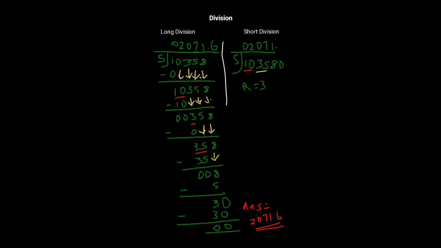So now we have the 0. So we add our remainder 3 in front of the 0, and then 5 into 30, which gives us 6. And that is our answer, because 5 times 6 is 30, so that is solved. That's fully solved. So our answer once again is 2071.6, which is the same as what we've got in our previous question, or the long division method.